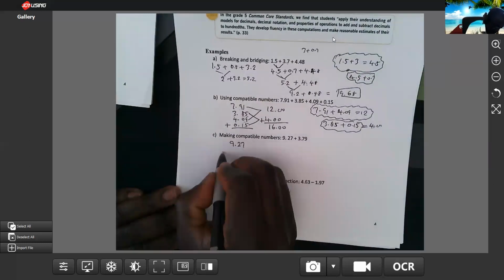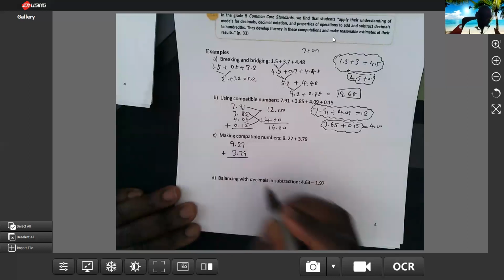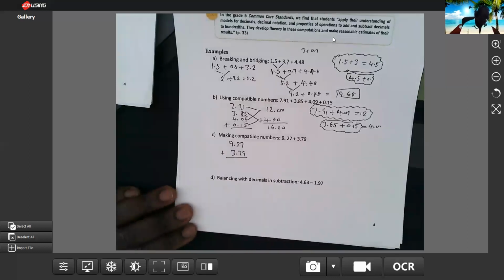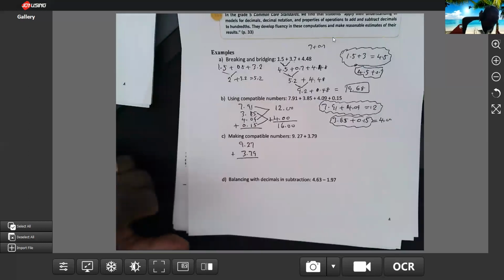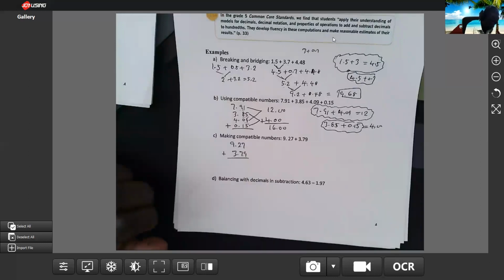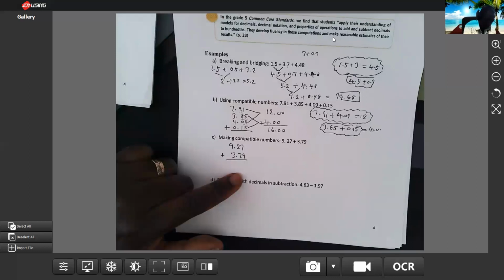All right. So you have 9.27 plus 3.79. Now, if I'm making a compatible number, I look at these two numbers carefully and I realize, okay, if I look at the 9.27, I know if I can have 9.25, and then I add this to 75, I know I'm going to get 1.